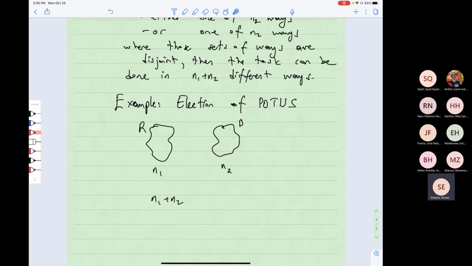Of course, in some countries, a candidate becomes a candidate from two parties because they coalesce, they do coalitions. But here, generally, that's the situation: any possible ways to elect a president. Makes sense, right? So that's a very simple application of the sum rule. There are n1 and n2 candidates from each side, and at the end, one of them becomes president.